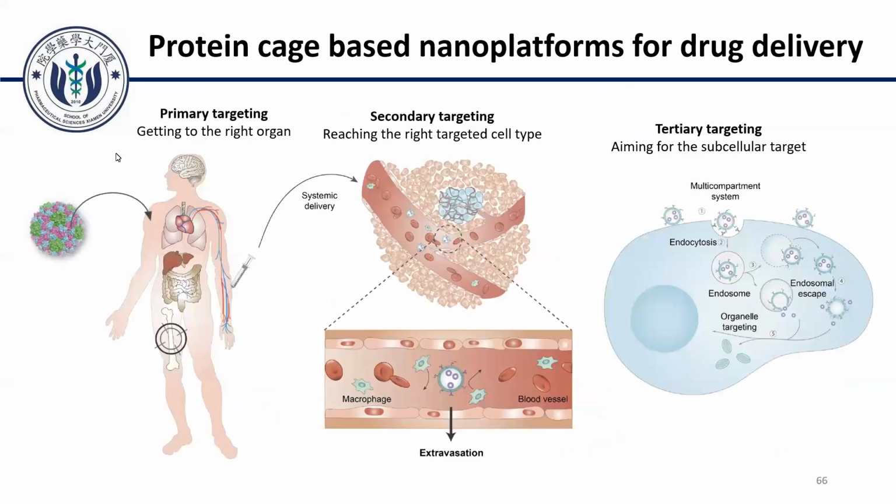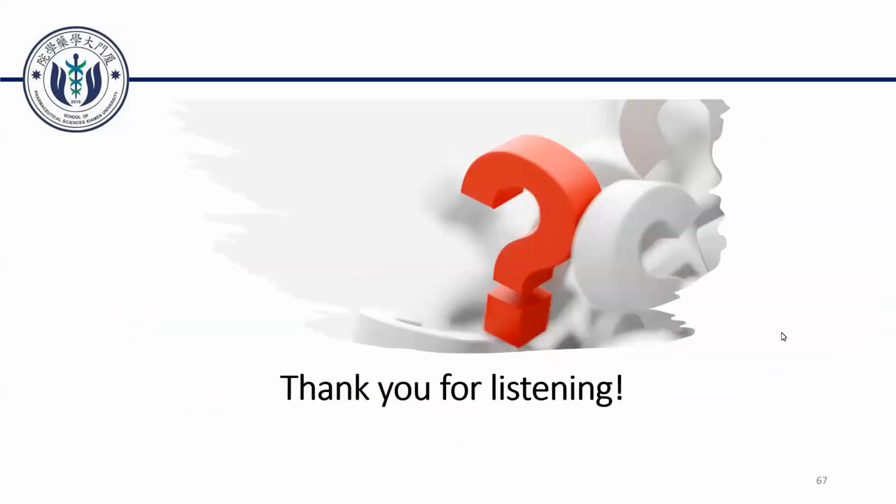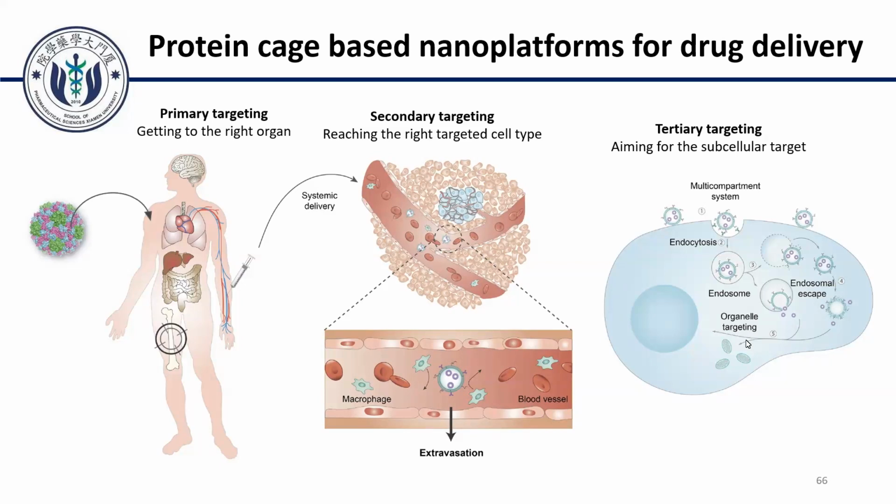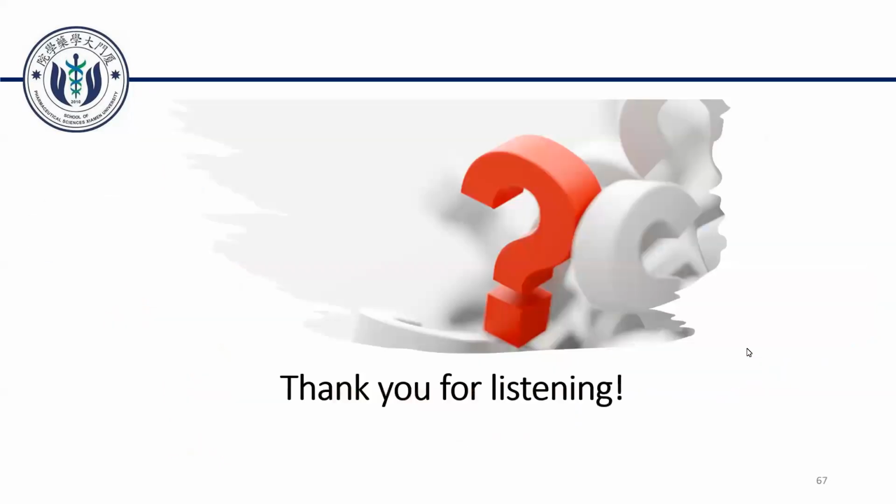To achieve these different stages of drug delivery, as I mentioned before, you can have primary targeting first to get to the right organ, and then by surface modification, you can distinguish normal cells from cancer cells. And in the later part, again by surface modification of the protein cage, you can also achieve subcellular targeting and endosome escape to improve the bioavailability of the drugs.